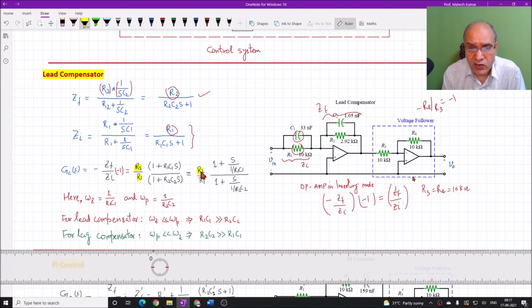Or we can write R2 by R1 into 1 plus S by 1 by R1 C1, over 1 plus S by 1 by R2 C2.